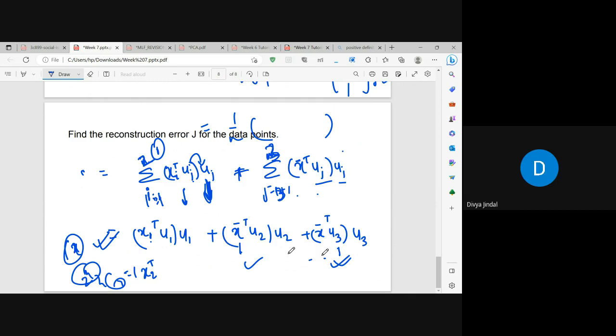I'm sorry, I still have some confusion. Here we say it's sigma xi transpose ui into ui, right? The first term. So here we are multiplying each actual data point with each principal component, right? So here we will do x1 transpose into u1, and then u1, right?